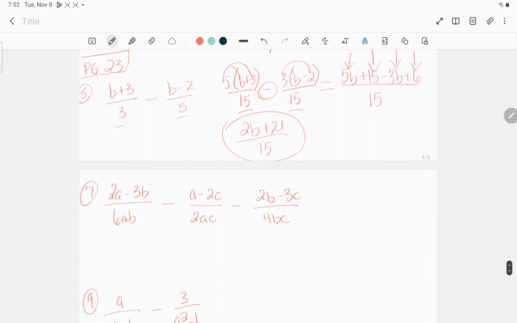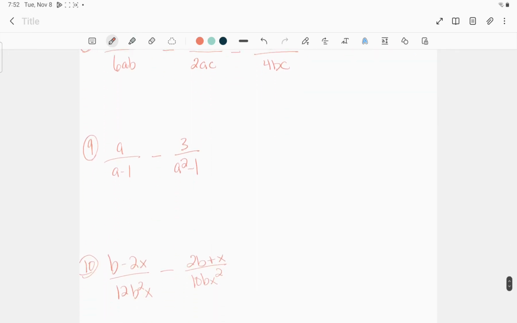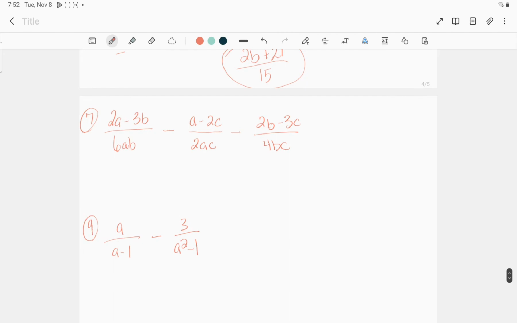Okay. Moving down to number 7. Forget how many of these I did. What is my least common multiple between all of these?